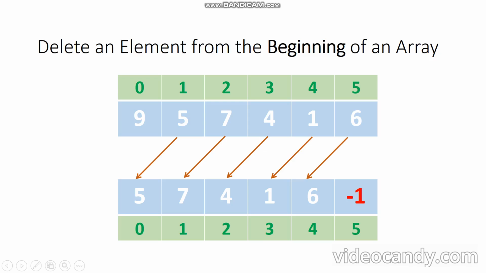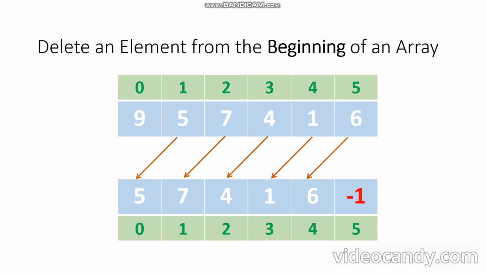Here what actually happens is this 6 is copied to the 4th index and its image, that means 6, also remains at the 5th index. So just to remove it, we are replacing that 6 by -1. And also we are decrementing the size of the array.